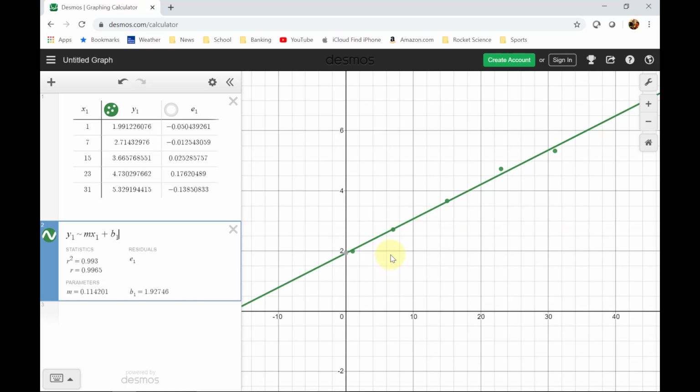So what I'm doing here is finding a linear model for the log base 10 of all of those y values, of the original number of cases. We take the log base 10 of the number of cases and plot that and find a linear model, a line of best fit for that data, and we get this is the slope of that line and this is the y-intercept for that line. Let's write that down.